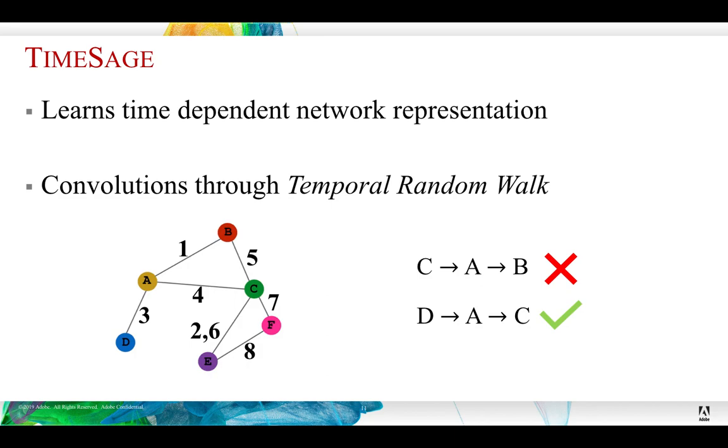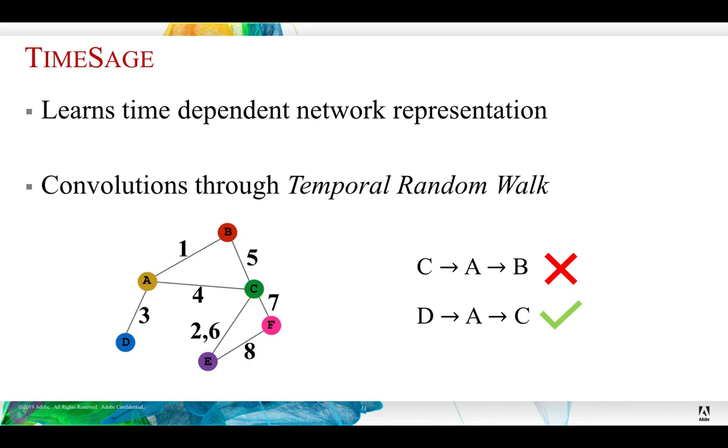To understand a temporal walk, let's consider a sample graph with 6 nodes where edges are time stamped. Given this graph, if we walk from node C to A to B, we would notice that this would be temporally invalid because we are going back in time.